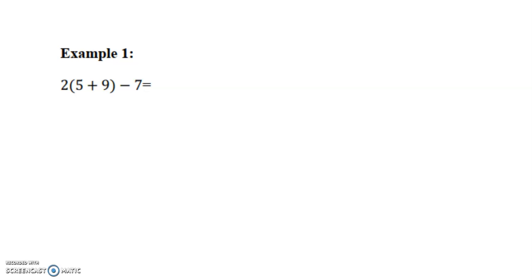So BEDMAS tells us that we need to solve the brackets first. So we're going to focus on solving 5 plus 9 first, which is 14. And I write the answer down below, and then I copy the rest of the information from above so that I can stay organized. Now I have 2 times 14 minus 7.